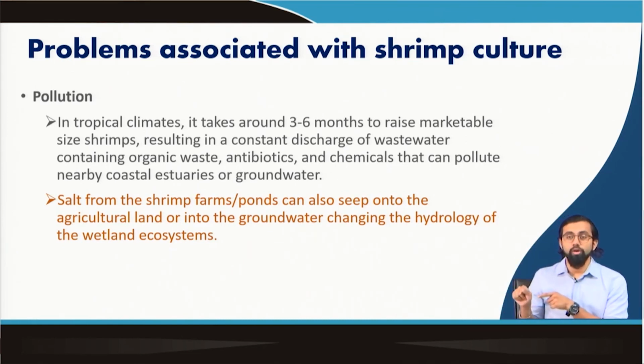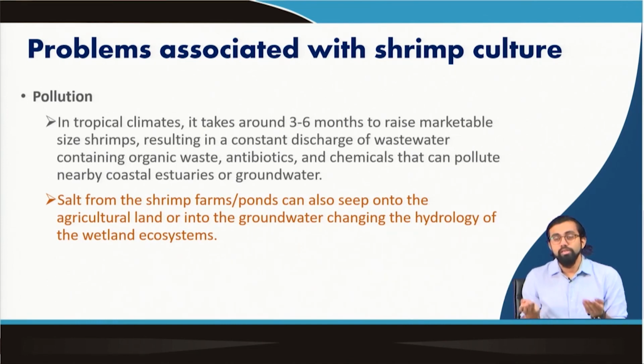Suppose there is an aquifer there. When it reaches the aquifer, which contains fresh water with almost no salinity, that saline water comes in contact with it, along with different kinds of other ions as well.